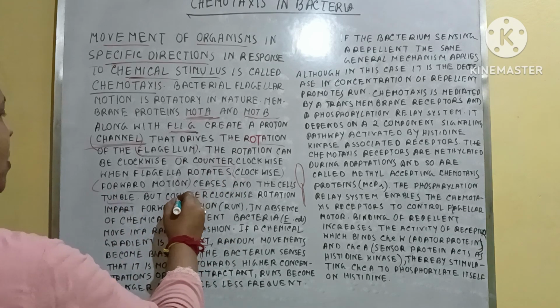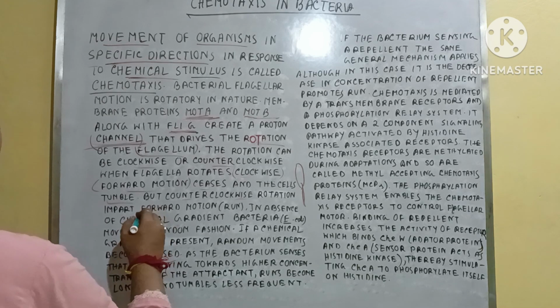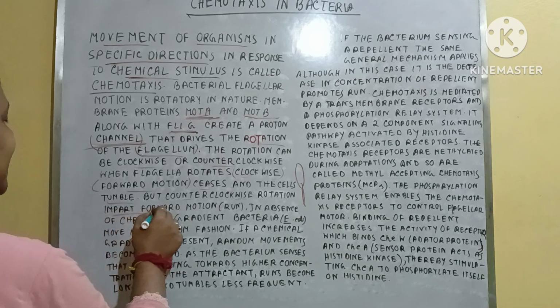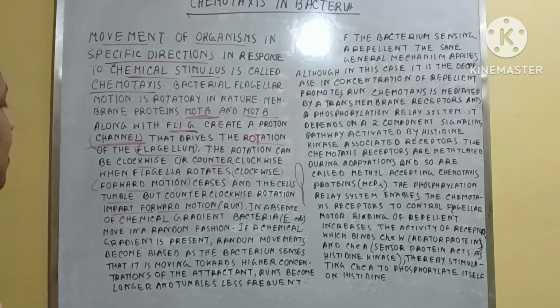But in case of counterclockwise rotation of the flagella, that creates the impulse or the forward motion, or run. So which one is very important for the bacterial motion? That is the counterclockwise rotation.